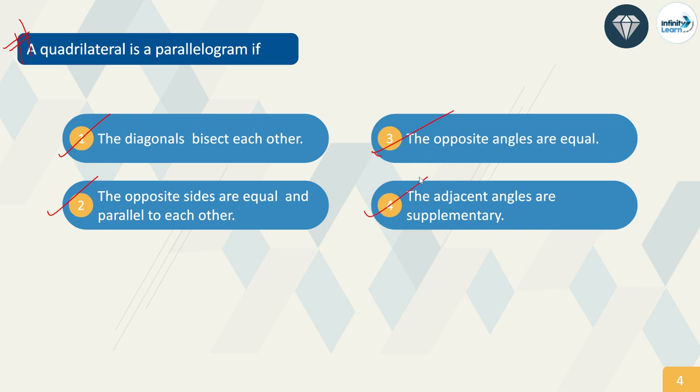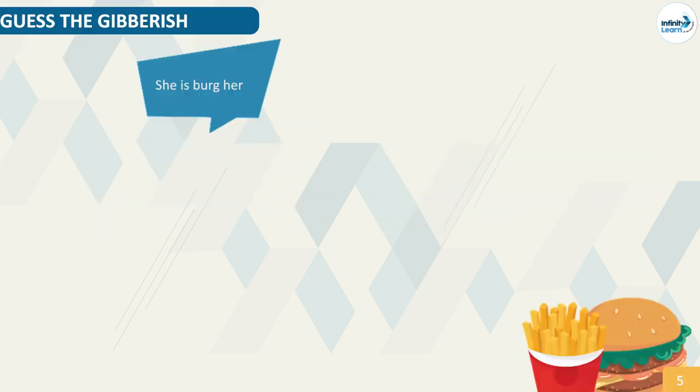Condition number 4: adjacent angles are supplementary. So these are the four conditions that need to be satisfied for a quadrilateral to be a parallelogram.